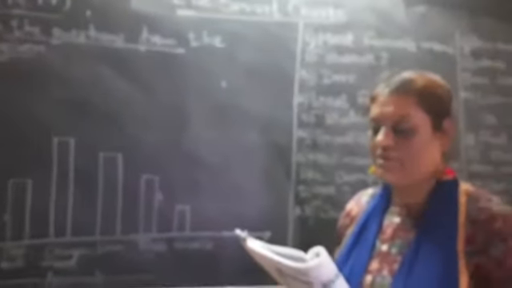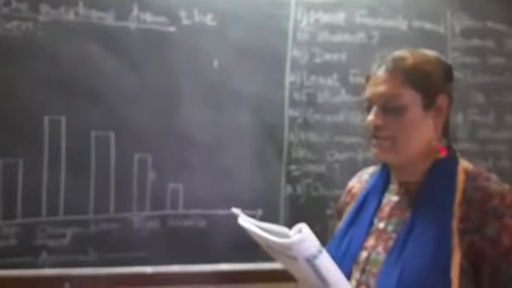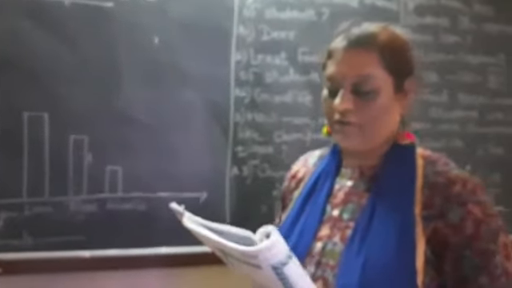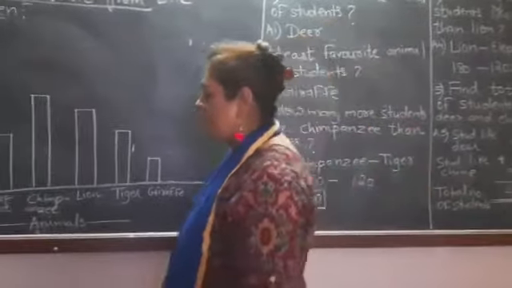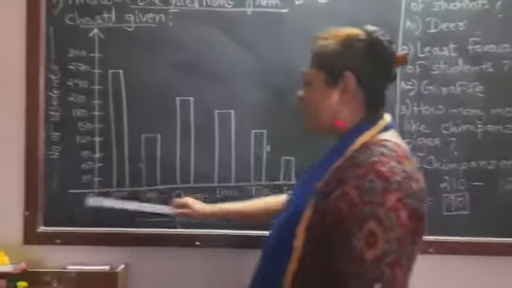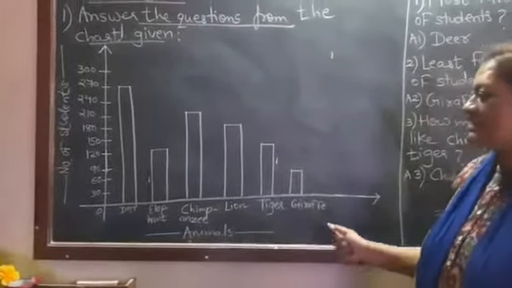Firstly, they have given a chart of favorite animals of students of a school. Answer the following questions on its basis. The number of students who like the animals is given in the chart.